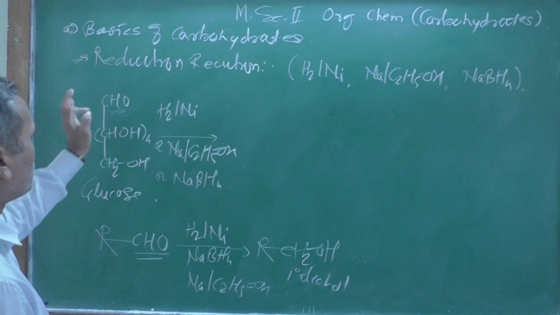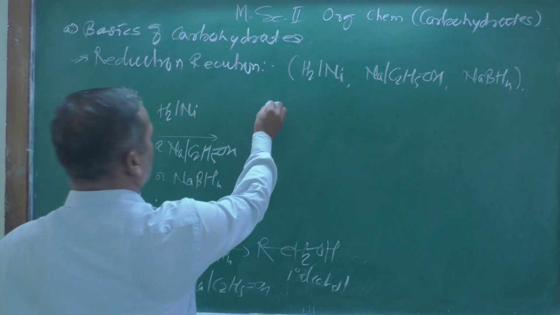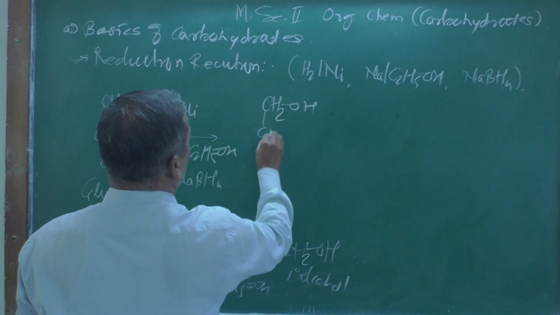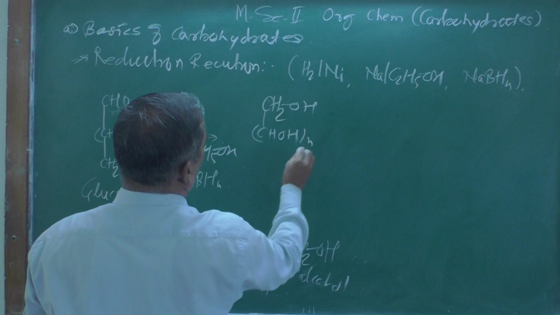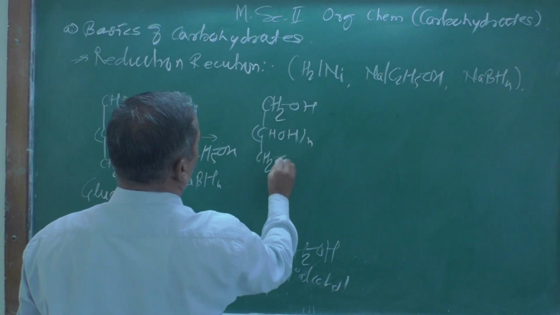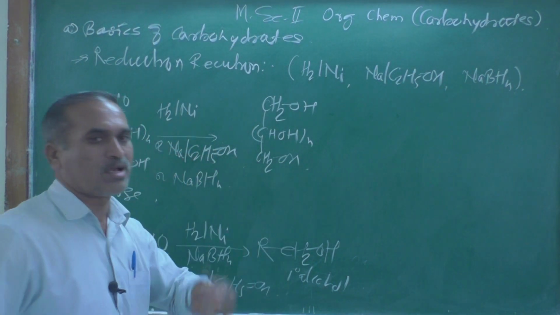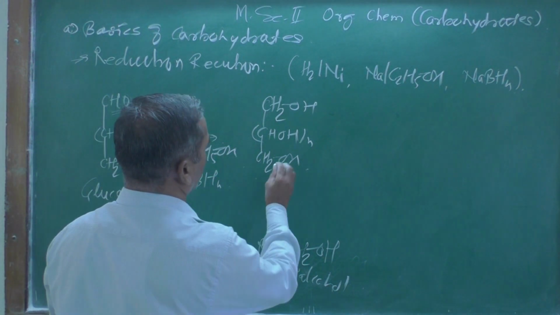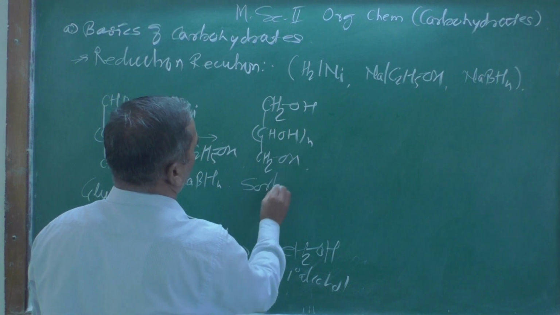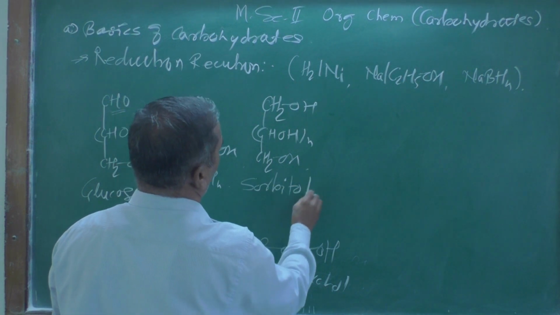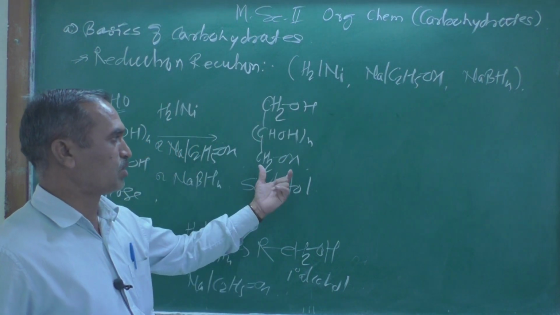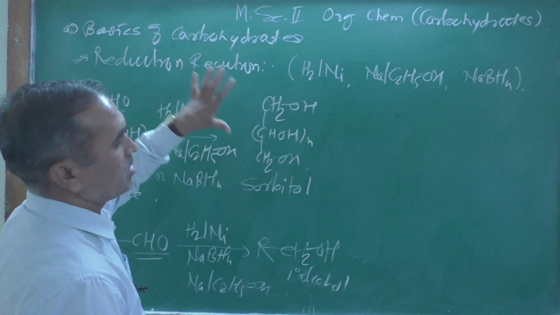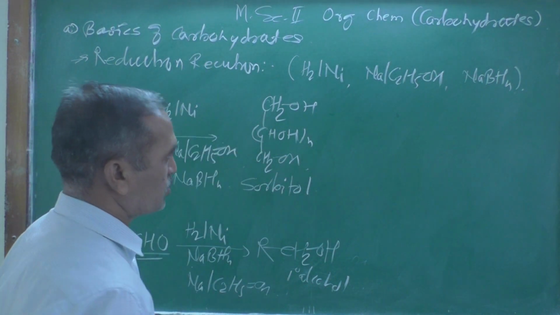There is only one aldehyde group, and it is going to convert into CH2OH, then CHOH four times, and then CH2OH. The product formed here is known as sorbitol. This is a primary alcohol, this is also a primary alcohol, and this product is known as sorbitol.